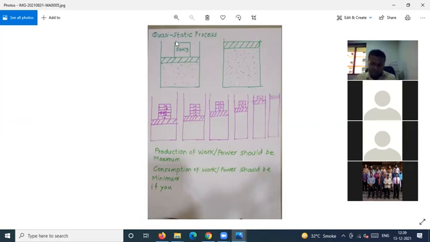Now, instead of having a single weight of 50 kg, we will replace that single weight by five strips of 10 kg each.